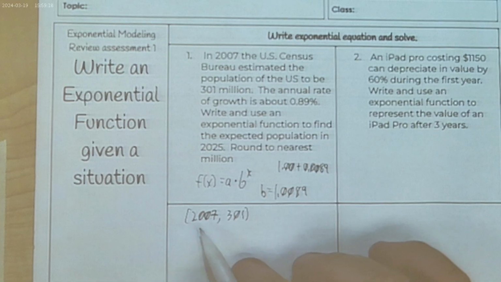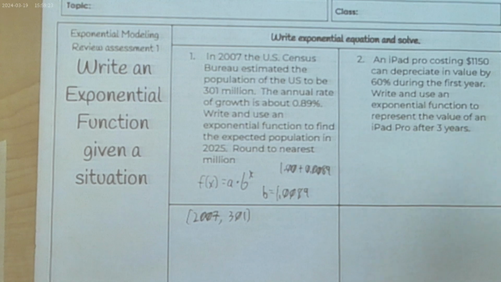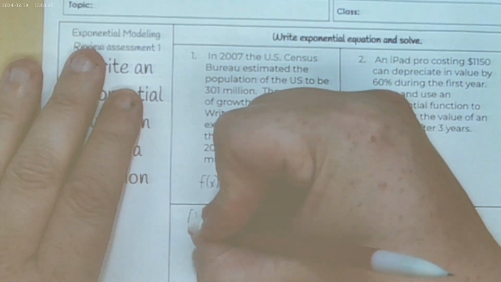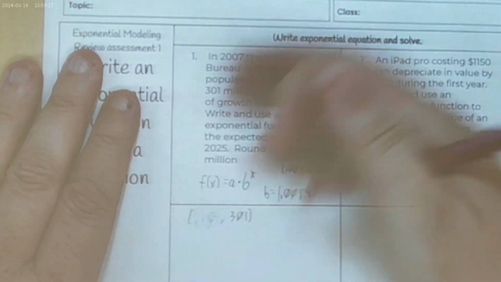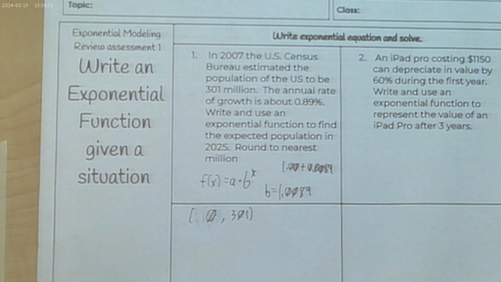But if we have our initial value and the number is 2007, how can we make that work? Like I said, that's easy. Instead of 2007, I'm going to say year 0. I'm going to treat 2007 as the very first year that I'm counting.